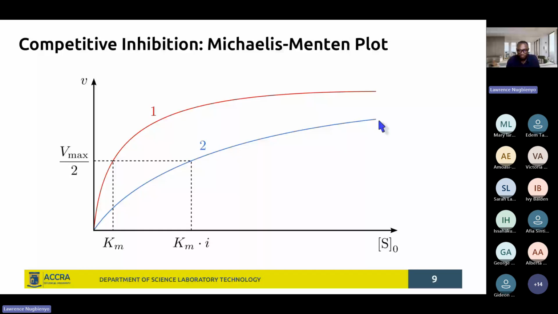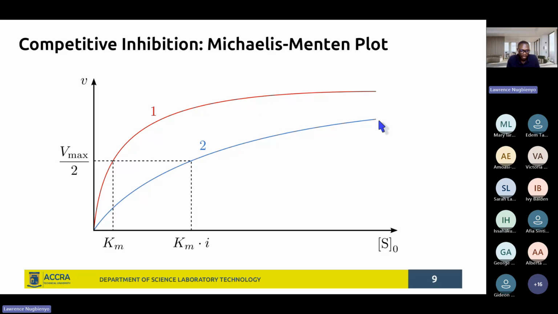And actually, if you have a competitive inhibitor in a reaction mixture and you add more substrates into the reaction mixture, the extra substrate molecules which you are adding to increase the concentration of the substrate, will go to displace the inhibitor which is bound to the enzyme, so that you can still reach the maximum rate of the reaction, only that it will take you a longer time to reach that because of the presence of the inhibitor.